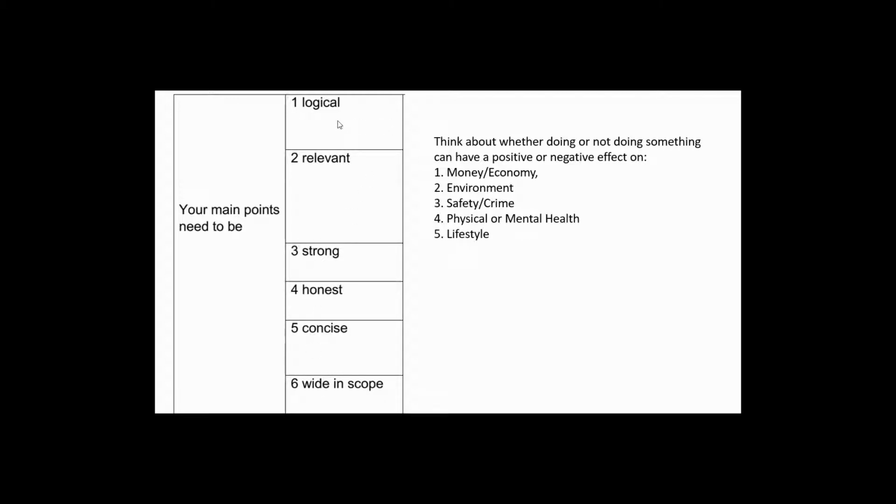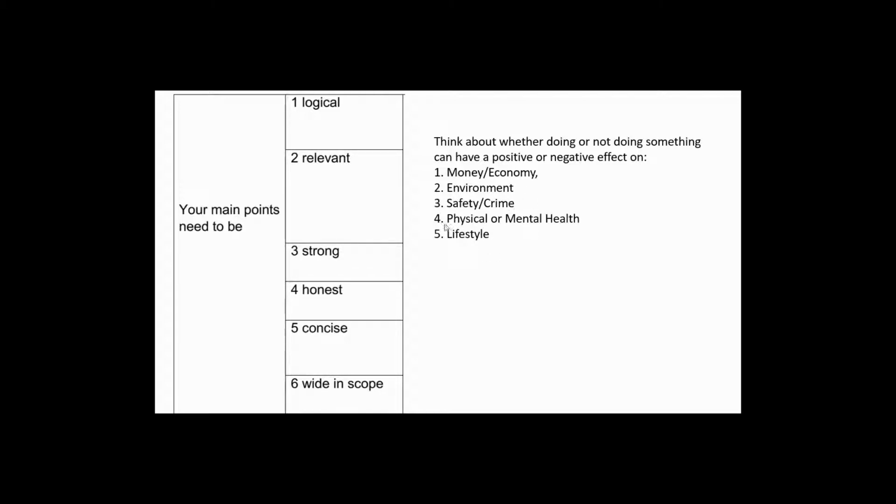So the argument we just saw falls short because it's not relevant to what the task is asking you to do. Also, I don't think it's a particularly strong argument. Having snacks on board, that's not very convincing. And it could be written in a more concise manner. So when you are considering what to use as support for your argument, you can consider the economy, the environment, safety, health, and lifestyle.